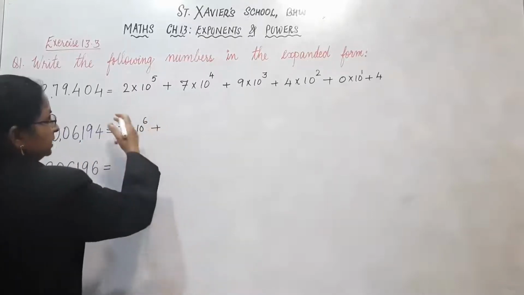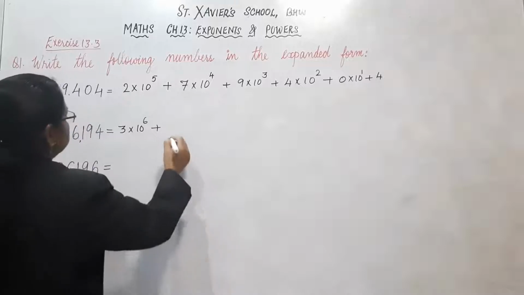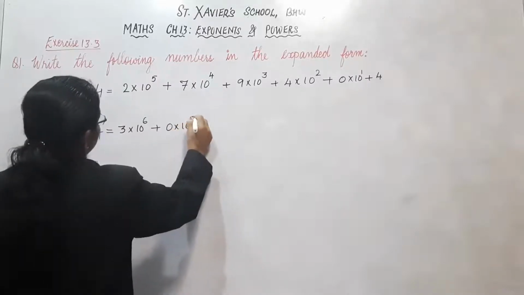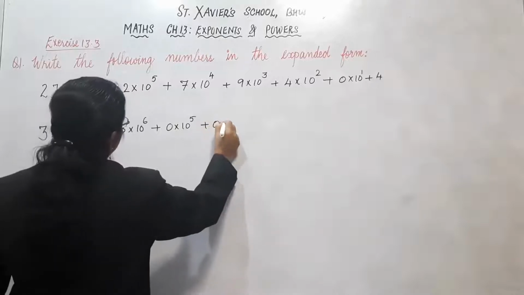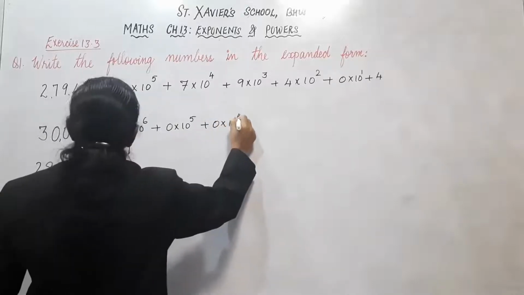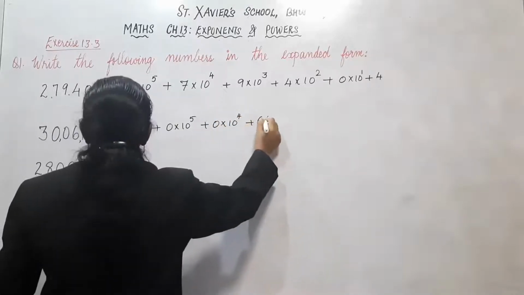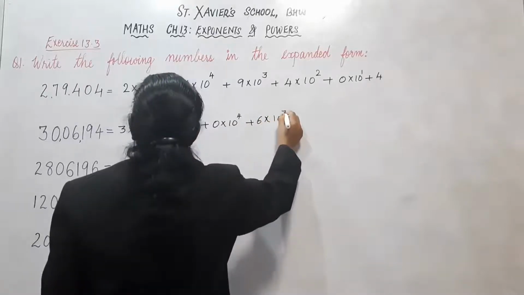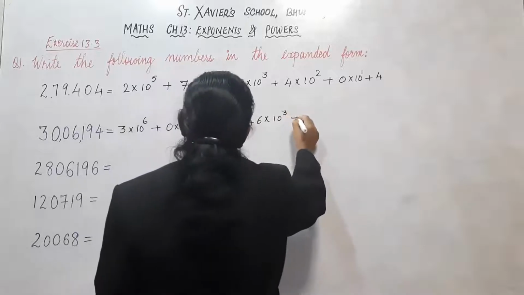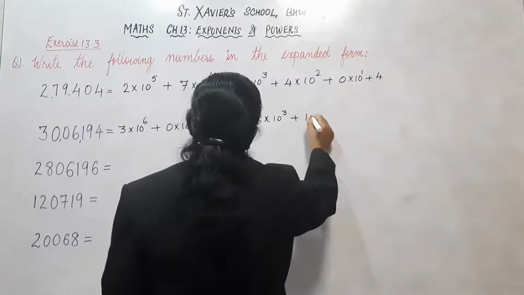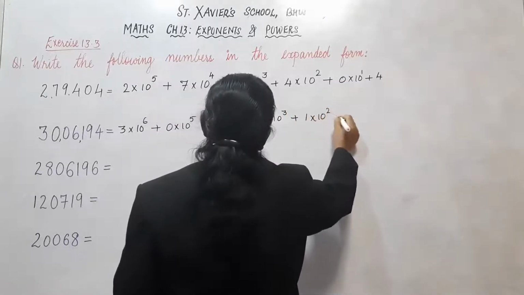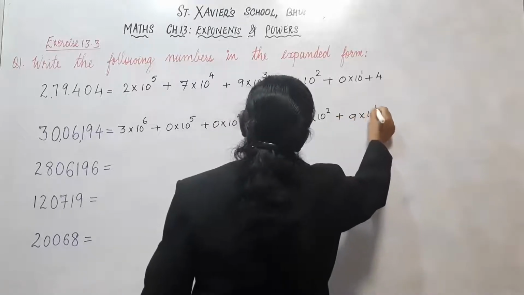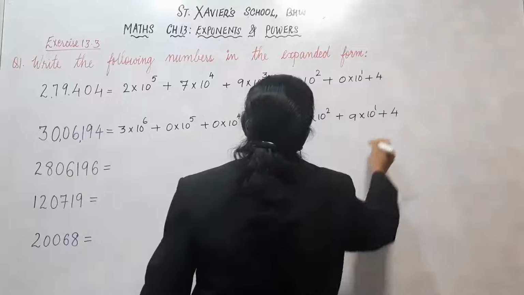First number, if we get the remaining, we can write directly. 0 into 10 raised to 5 plus 0 into 10 raised to 4 plus 6 into 10 raised to 3 plus 1 into 10 raised to 2 plus 9 into 10 raised to 1 plus 4.